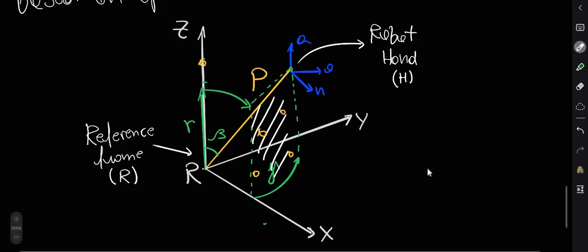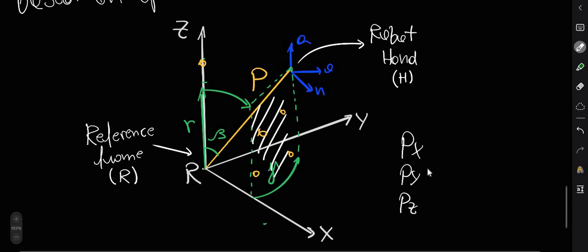This P is not exactly for position. It's just the name that we are giving to this vector or robot arm. Okay, and what matters right here is px, py, and pz, which are the coordinates of this P.